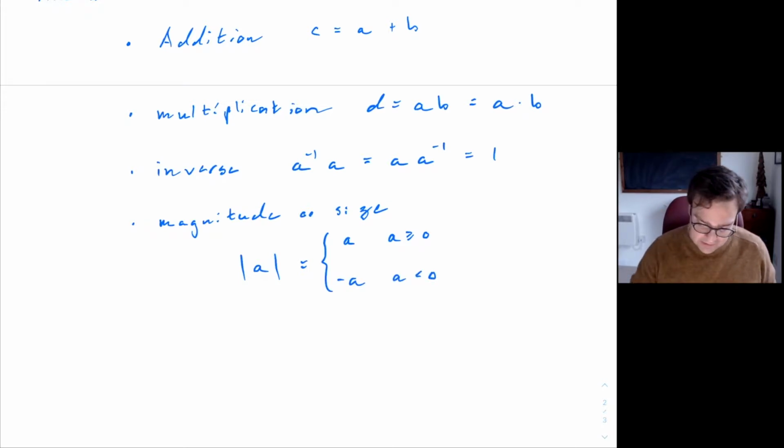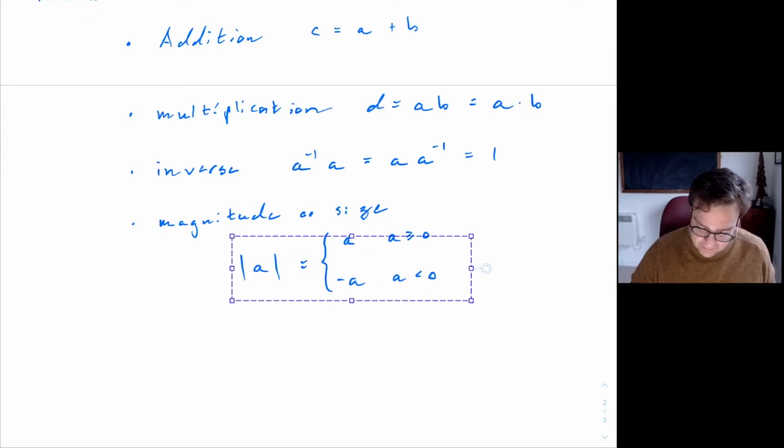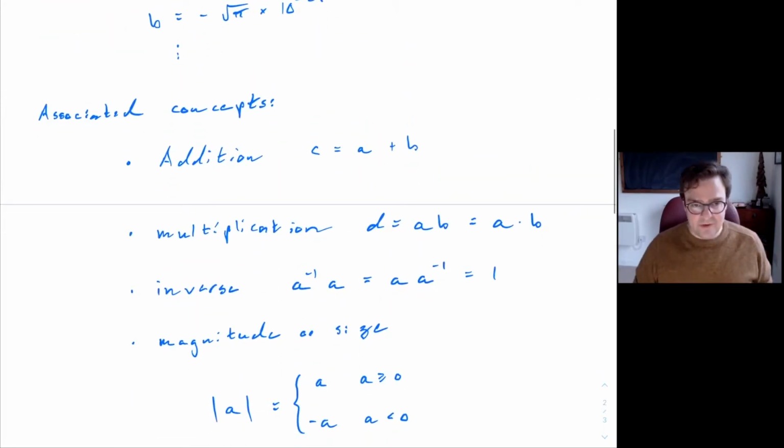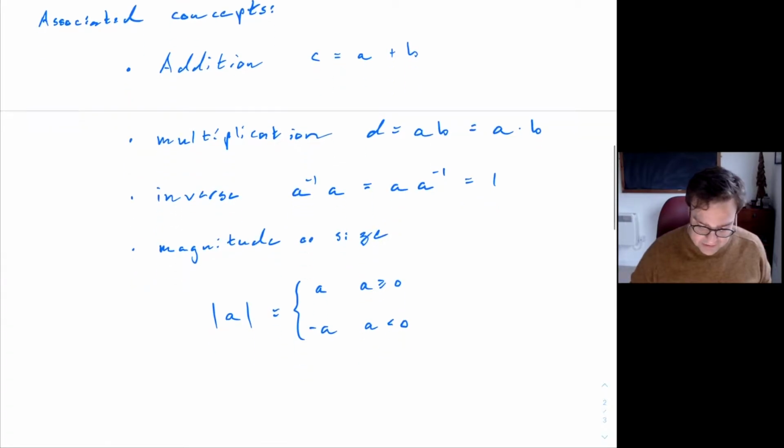So that gives you some notion of the size of this scalar. And so that's all relatively basic concepts that you would have learned as a child at various different stages.